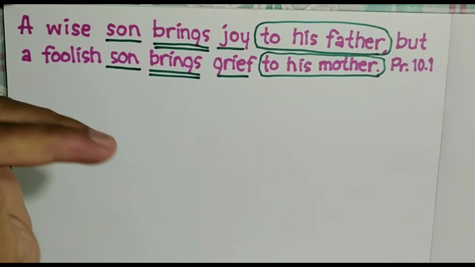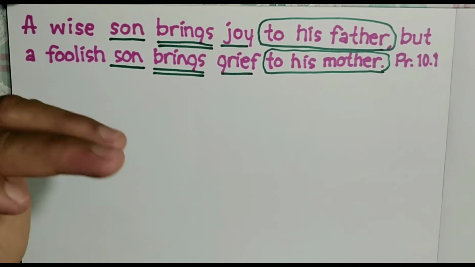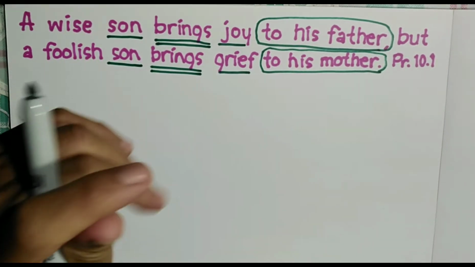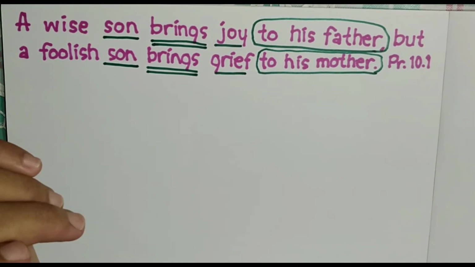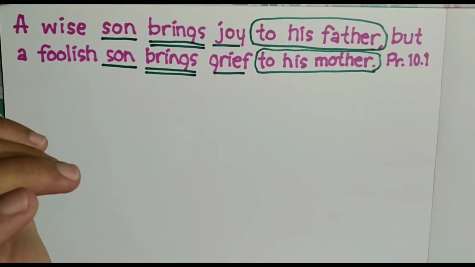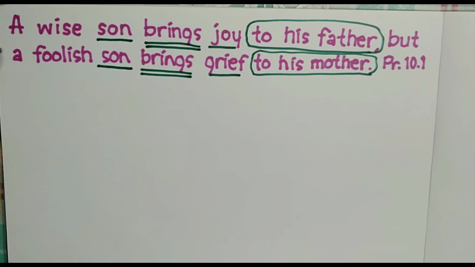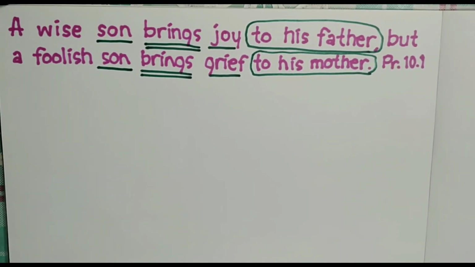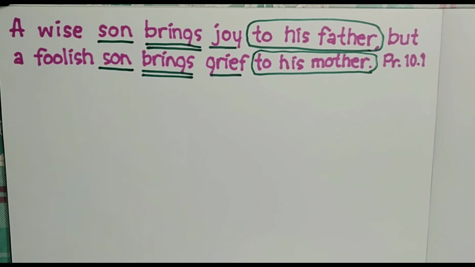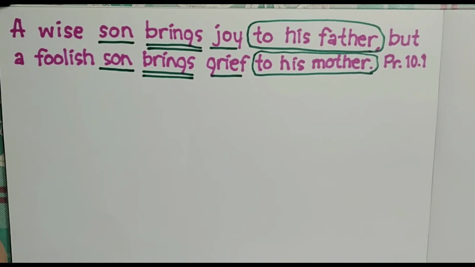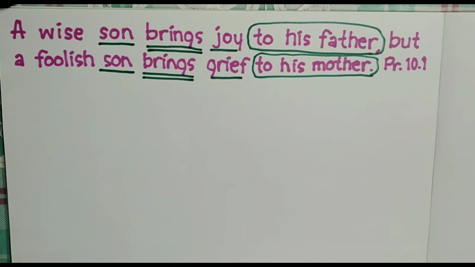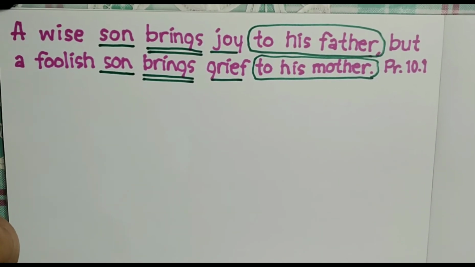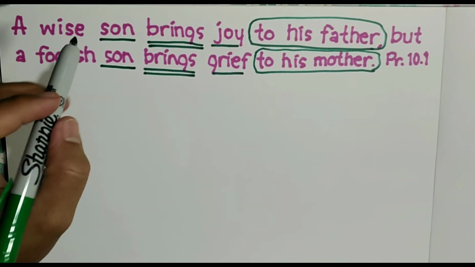Okay, so we have the verbs, the subjects, the direct objects, and we already identified the prepositional phrases. But what is a here, and wise? Very good. A and wise describe the son.